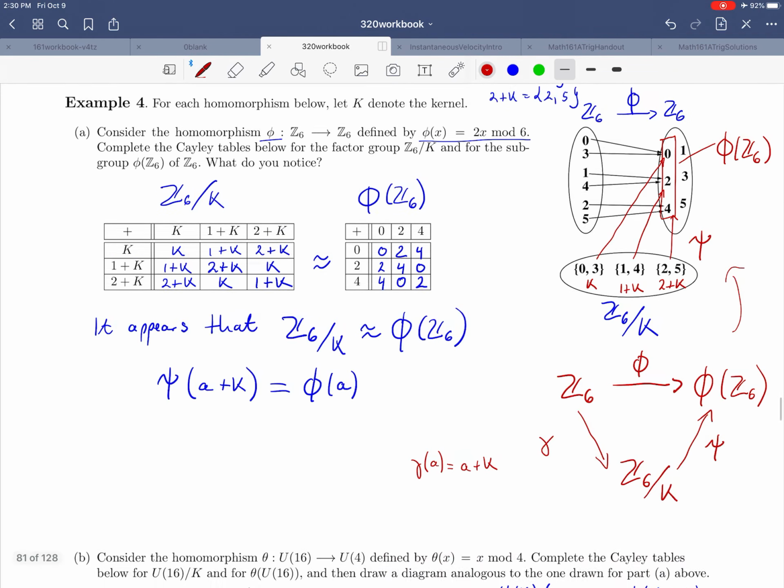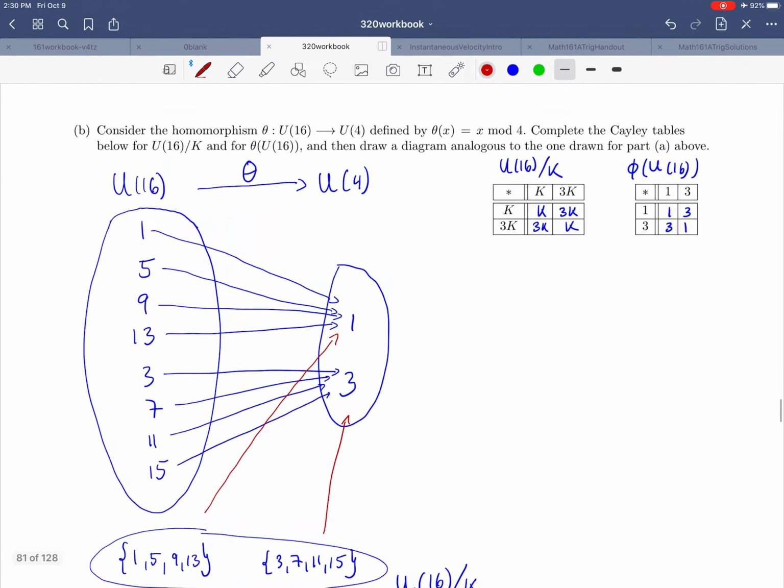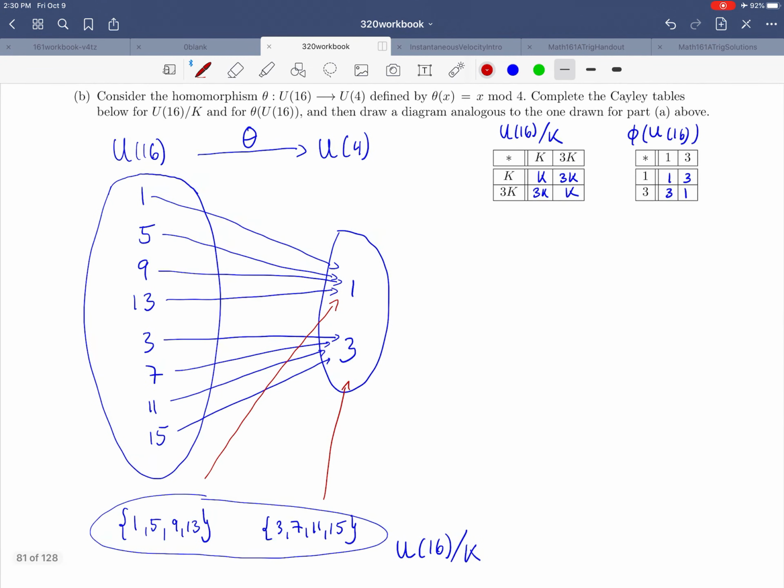We have the same thing going on for our second homomorphism in part B. I already wrote that out, but it's exactly the same thing. So we had theta, a homomorphism from U16 to U4, defined by theta of x equals x mod 4. That was part B of example 3.